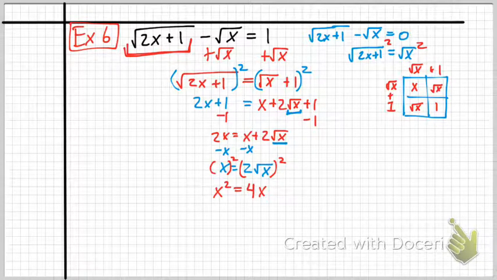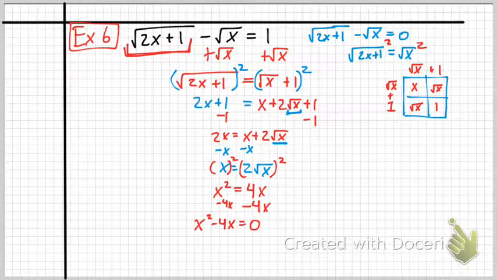So I want to get all of my terms on one side equal to 0. So I want to subtract 4x from each side, and you get x squared minus 4x is equal to 0, and now we can factor. So here this will factor into x times x minus 4.